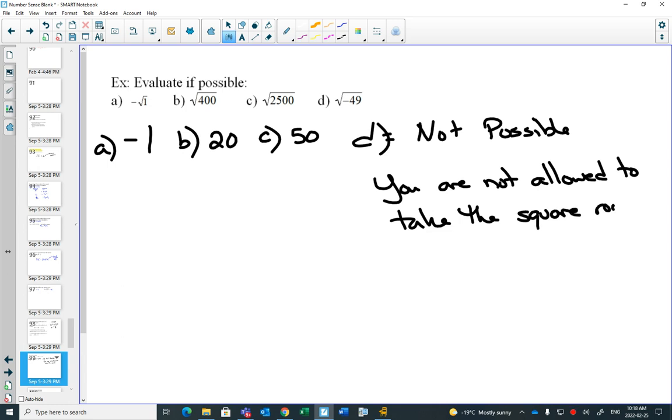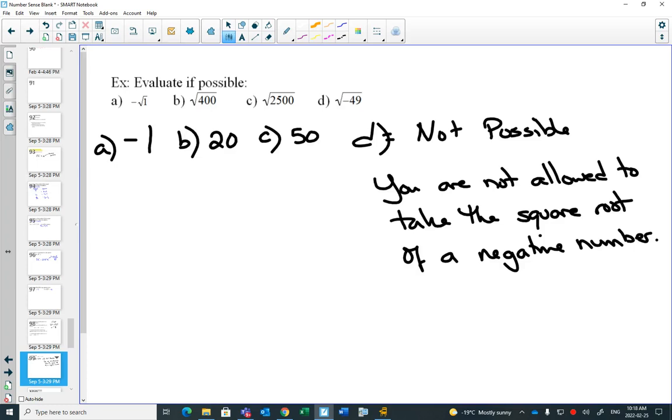You are not allowed to take the square root of a negative number in the real number system. We've actually seen this already once, right?